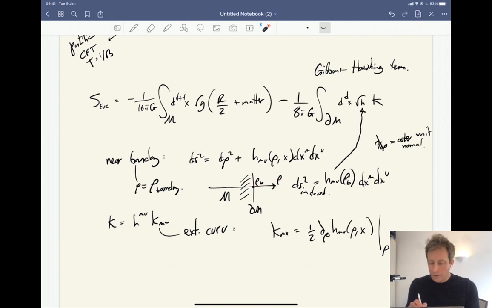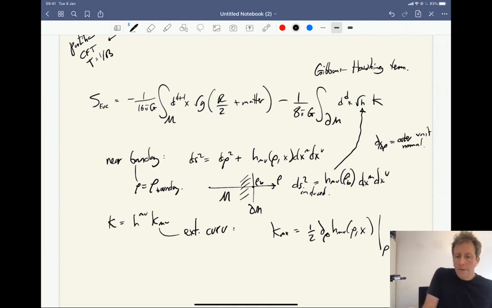So here our boundary is at, say, rho is 0, then the actual spacetime is at negative rho. You've just got to be careful of signs, because when you compute these things, you've got to get the sense of the direction of rho right. So generally, this is like a derivative of the metric in these Gaussian normal coordinates with an outward normal derivative. Okay, that's how one computes that Gibbons-Hawking term.